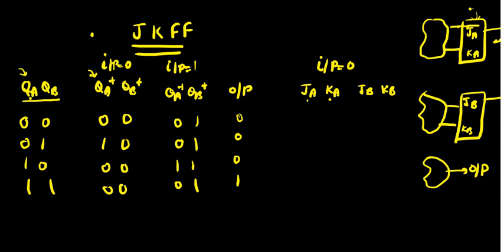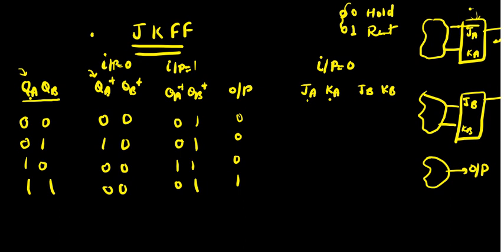The hold, right? So if we hold or we reset, what type of combination will give you this? You can use JK as 0 0 or 0 1, right? So these two combinations of JK will provide you this type of excitation.